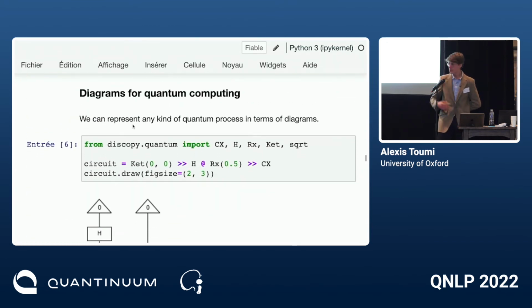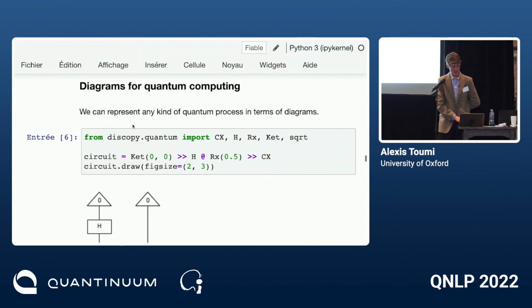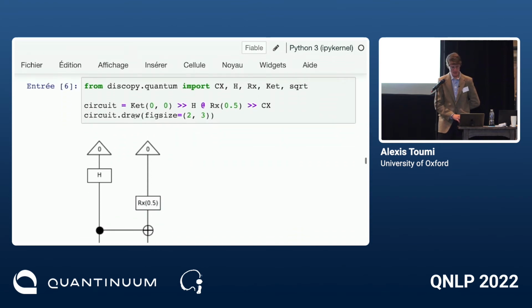So you can use diagrams for grammar, for formal linguistics. You can use diagrams for quantum computing. So any kind of quantum process you can draw as a diagram. And here's a little example with a circuit. From DisCoPy.quantum, you import the control knot, the Hadamard, the X rotation, the ket, and then square root even if you want some scalars around.